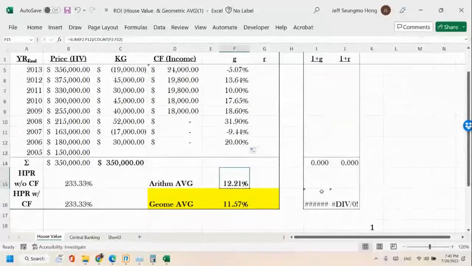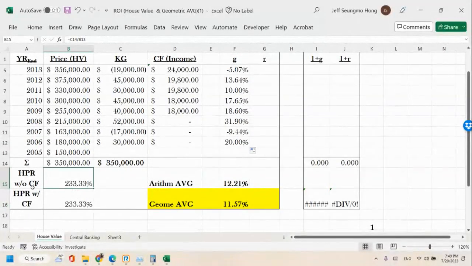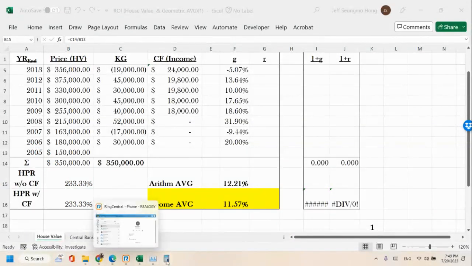Now here, what is the holding period return without cash flow? In other words, scenario 1, what's the holding period return in scenario 1? Well, what is scenario 1? It's just using that house as your home.